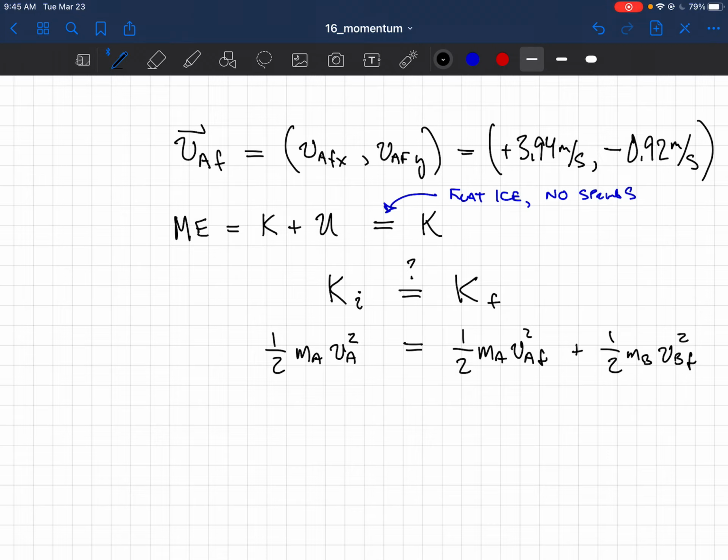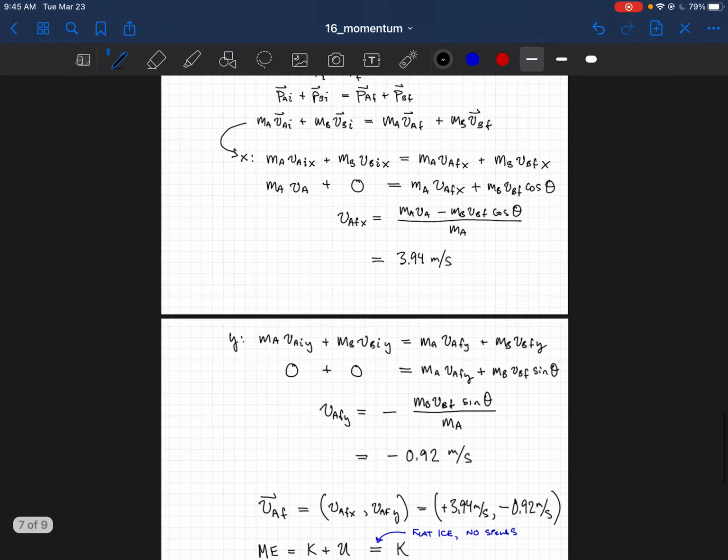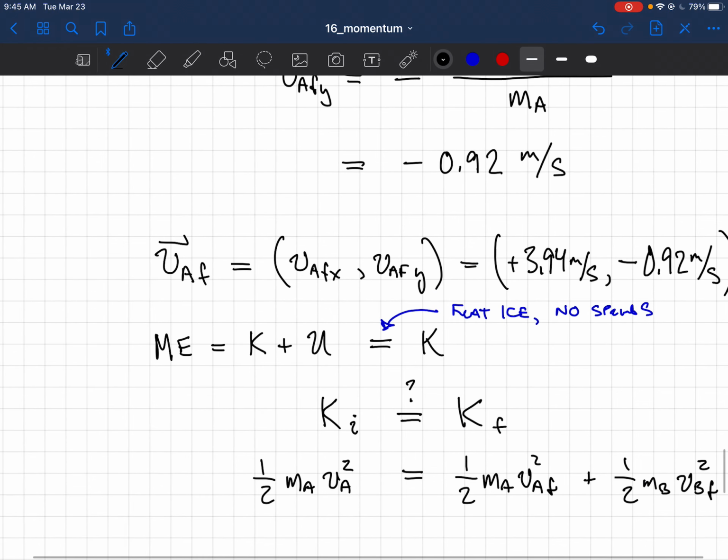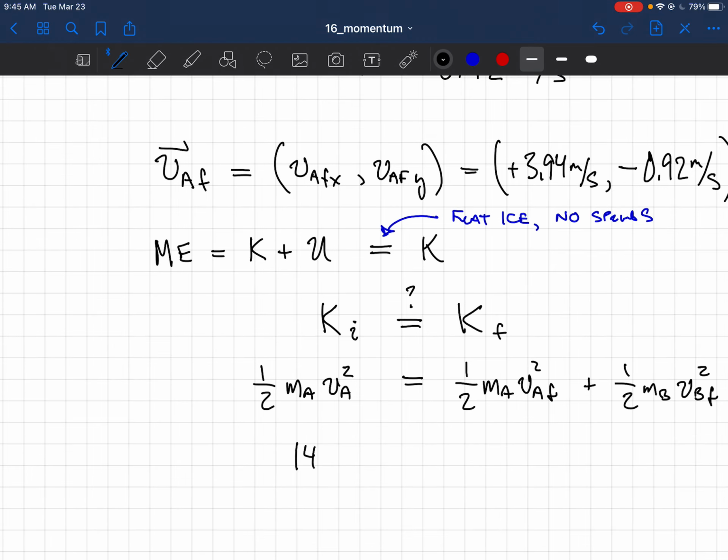So what is that going to be? Well, it's going to be 1/2 times 18 times VA initial, which was 4 meters per second. So that thing is 144 joules.